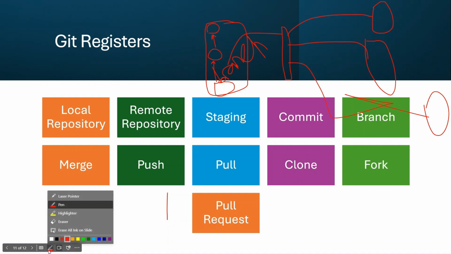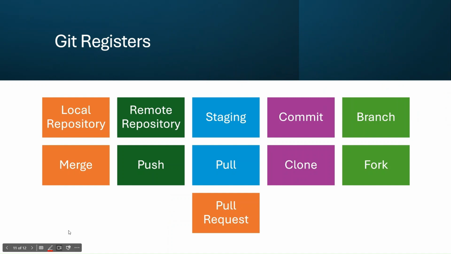So a branch is a separate line of development in a repository. You now have something like a tree, another person here, another branch here, another branch, like that.